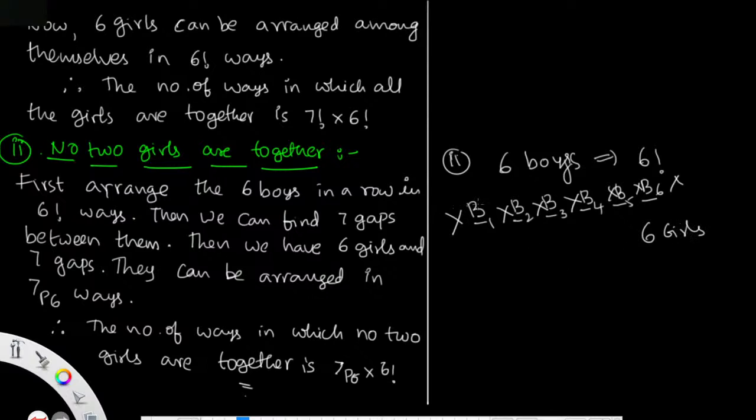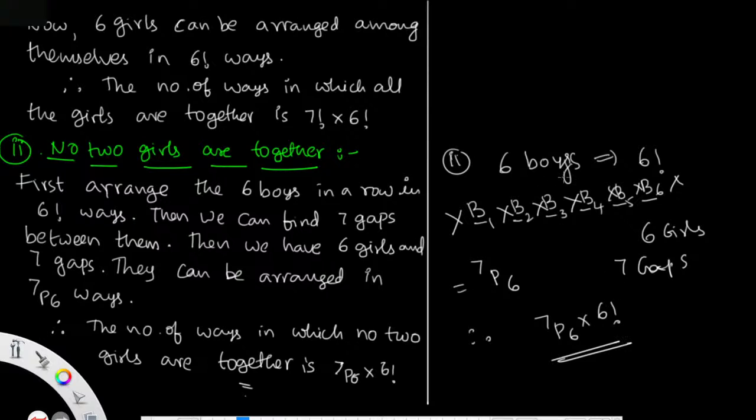How many gaps are formed? 7 gaps are formed. 7 places, 6 girls, so we can arrange in 7P6 ways. Therefore, the total number of ways in which no two girls are together is 7P6 into 6 factorial.